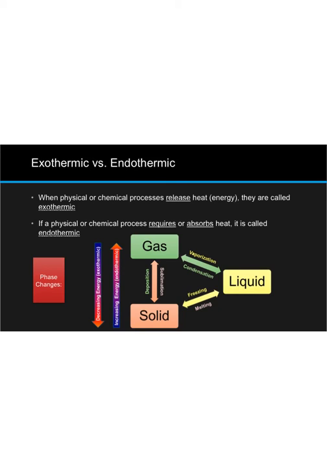In a physical change that makes a more diffuse phase, going from solid to liquid to gas, heat is required or absorbed. That process is an endothermic one. The reverse process, coming back down from gas to liquid to solid, condensing phases, releases heat or produces it. And any process that releases or produces heat is exothermic.